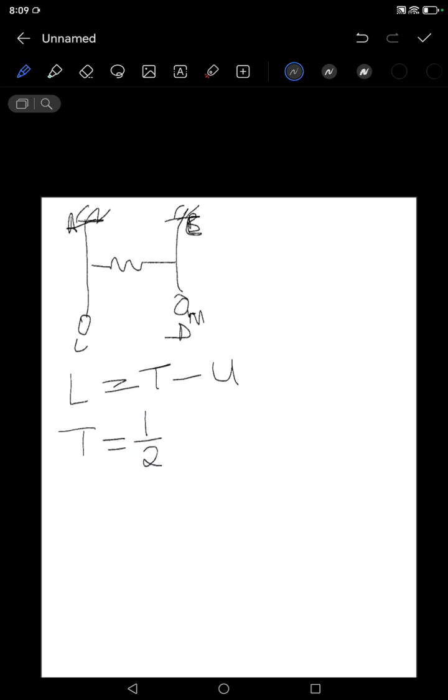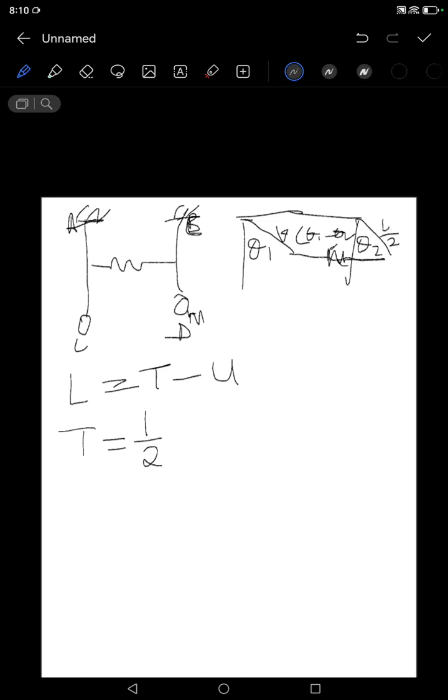Remember, it's rotating, so we're going to have a theta 1 and then a theta 2 here, with the mass in between, and the spring in between. Here we have a spring, so it's theta 1 minus theta 2 for the spring, K. And then from here to here is going to be L over 2, because the spring is what is in between.